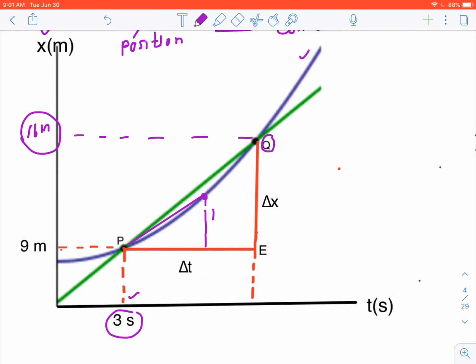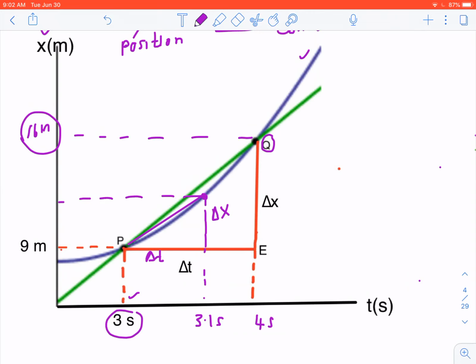So that's my change in x, and this would be my change in t. But let's say I'm moving closer. Remember, I started at 4 seconds. Let's say I move closer and I come to 3.1 seconds from there. We need to know what that would give us so that we can work out change in x.